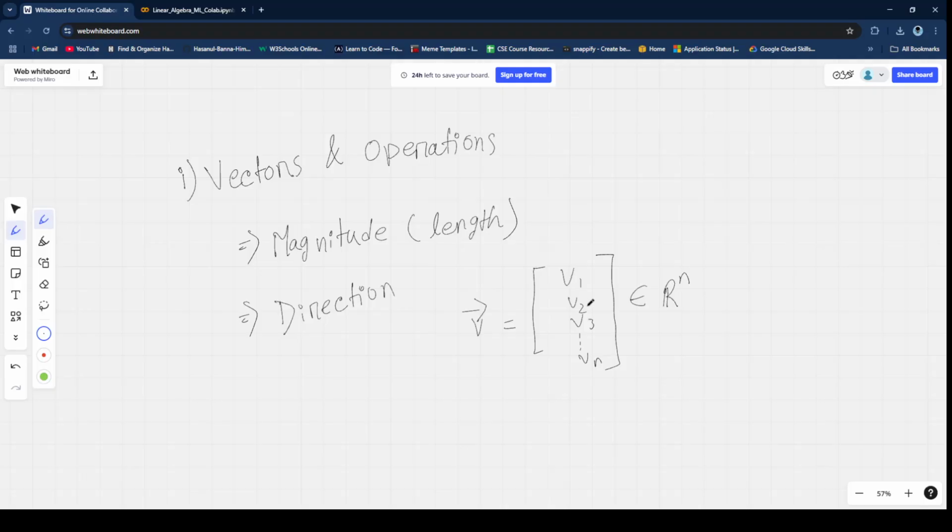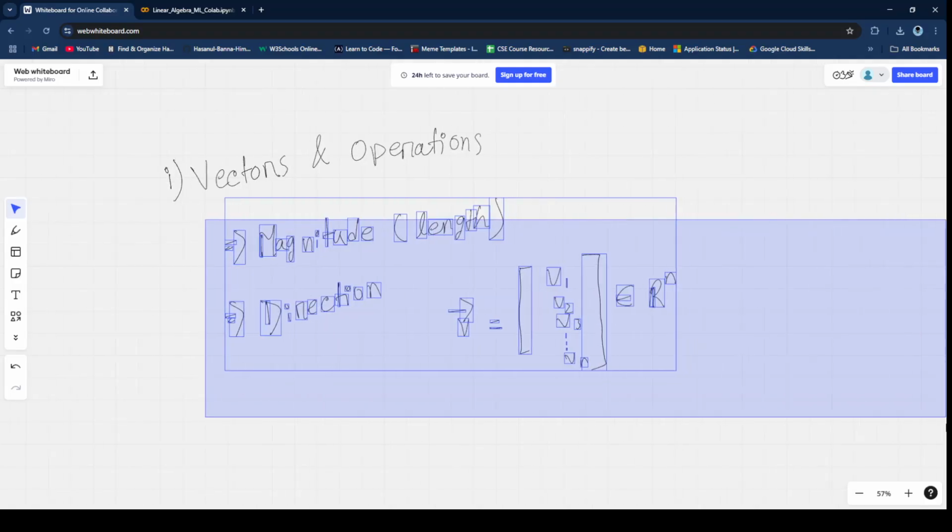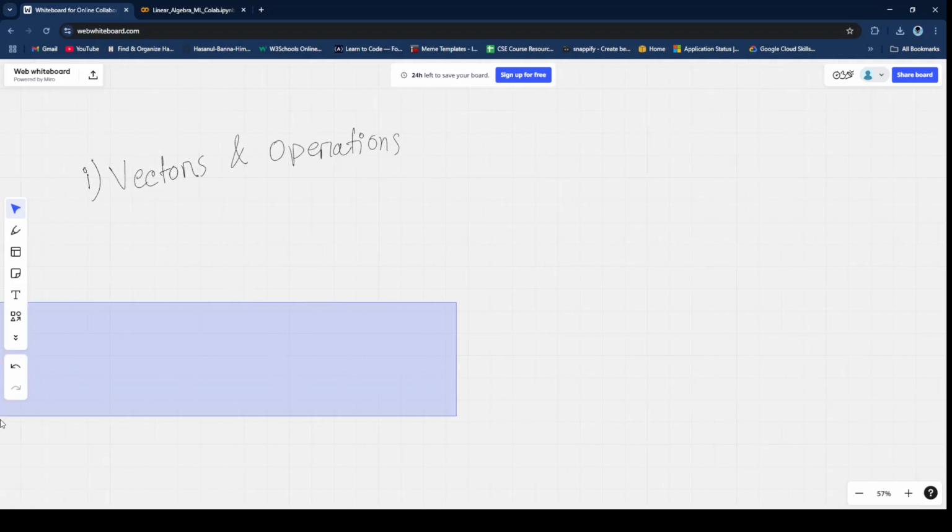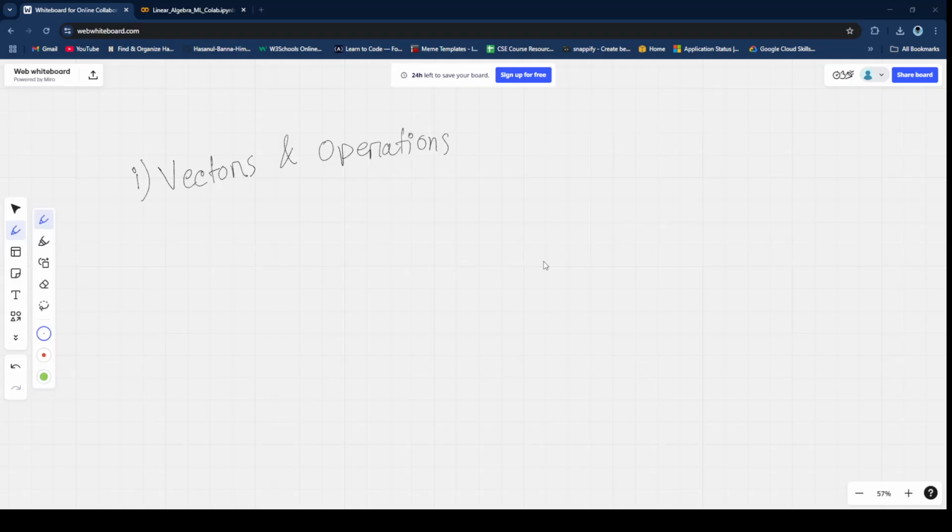Now there are different kinds of vectors, like we have our 2D vector and also our 3D vector. So what is a 2D vector? A 2D vector is in two-dimensional space, for example 1 and 2.